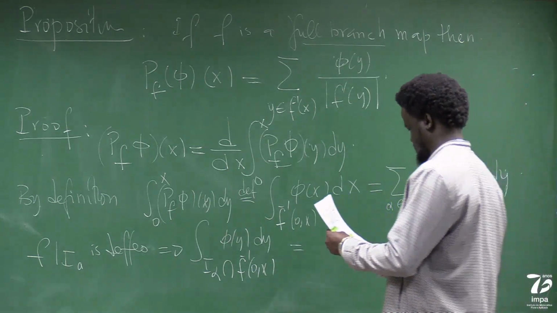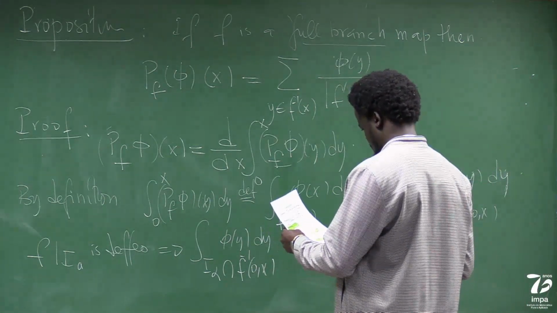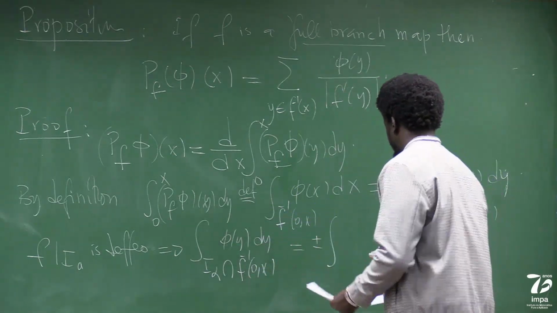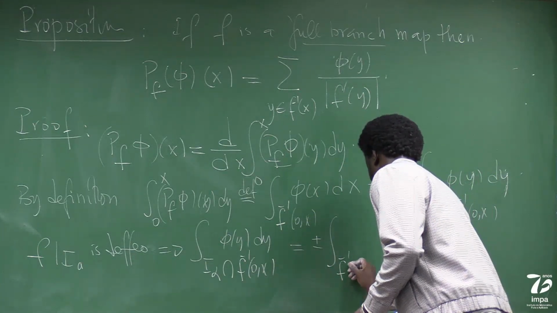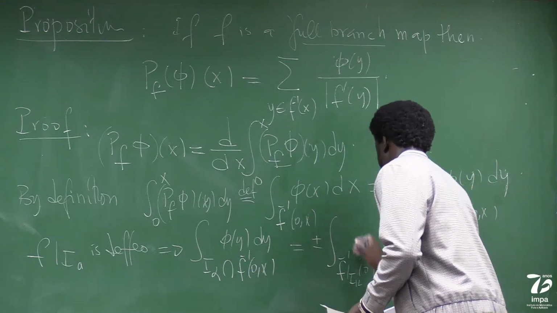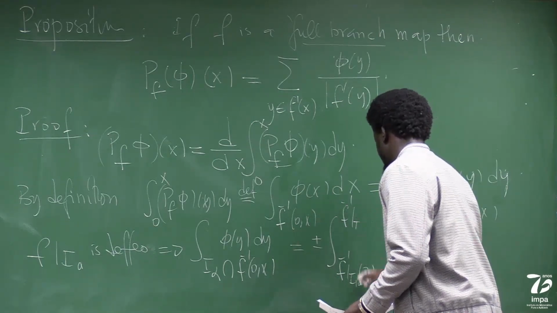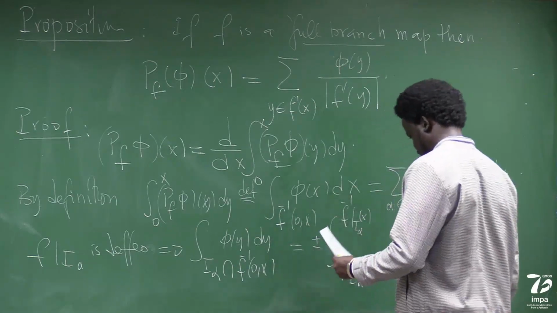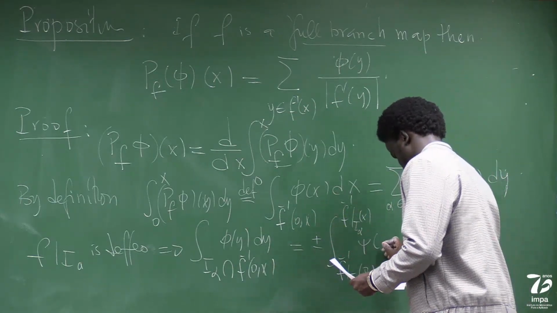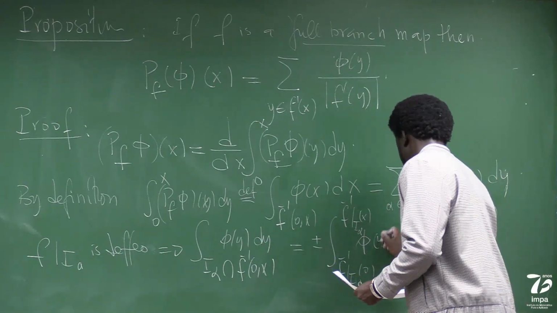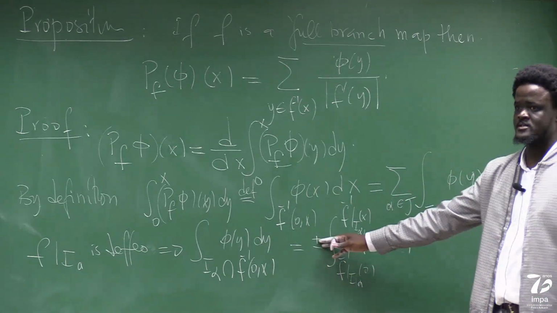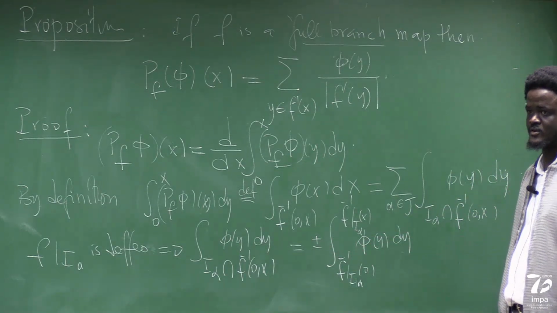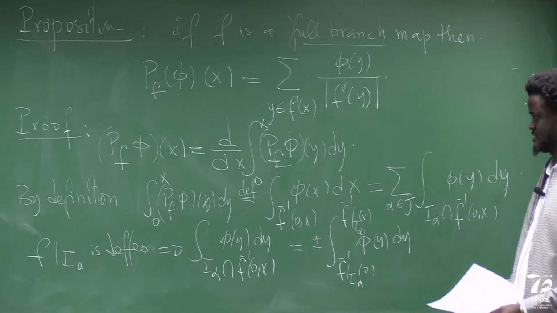So this is F minus 1 restricted to I alpha of x of phi y dy, up to a sign, because you don't know whether it is increasing or not. So it is plus or minus depending on that.